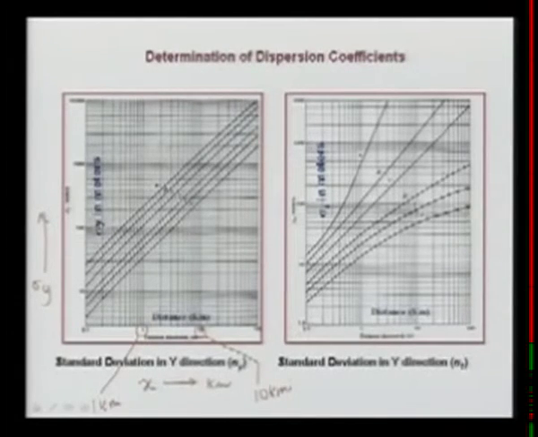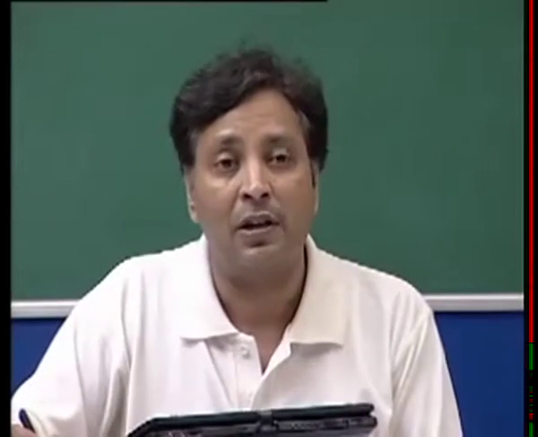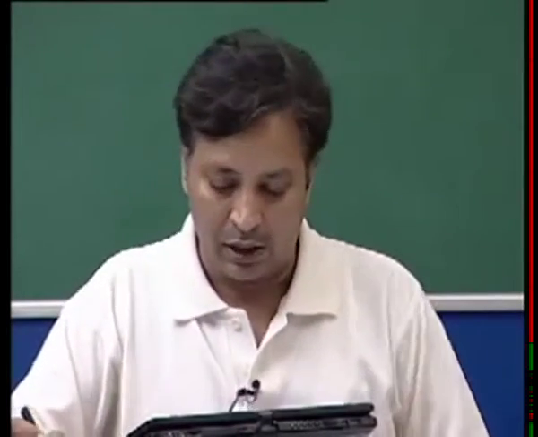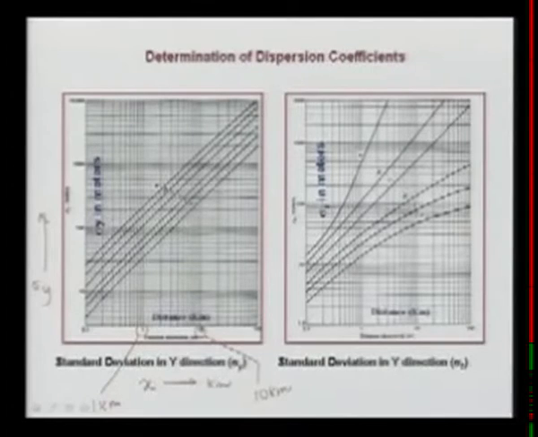And what is my downwind distance x? 1489. So for this 1489, you see class A, class B, class C and so on. What was my class? My class was C and my downwind distance 1489.